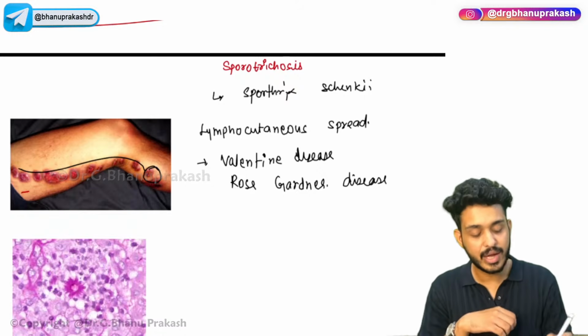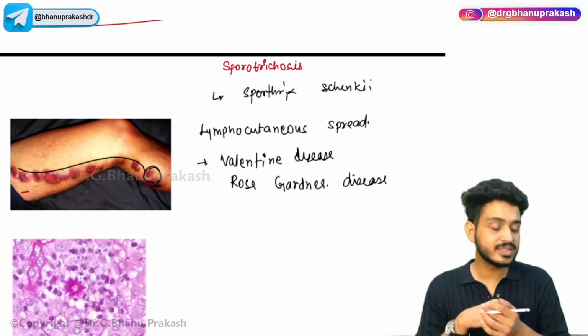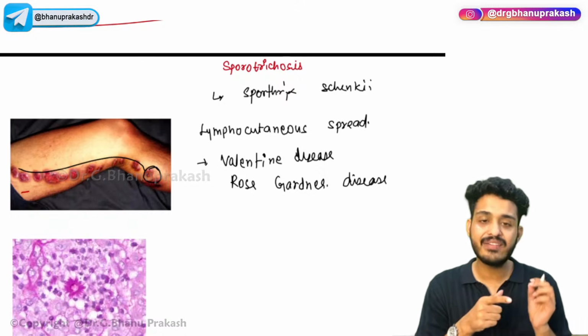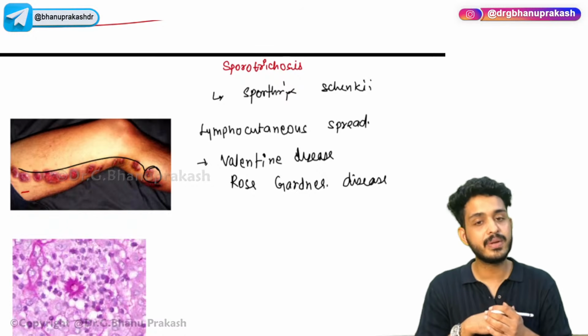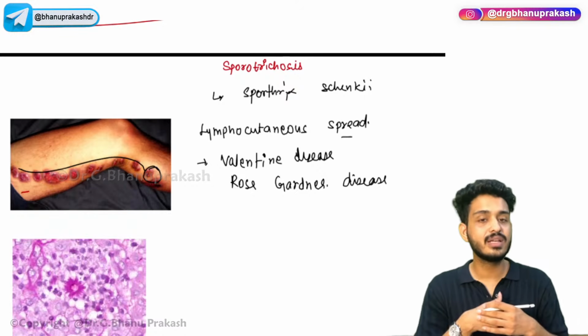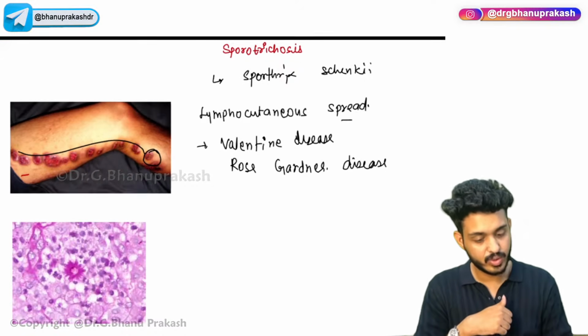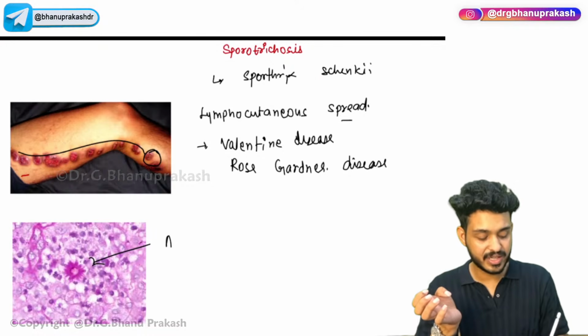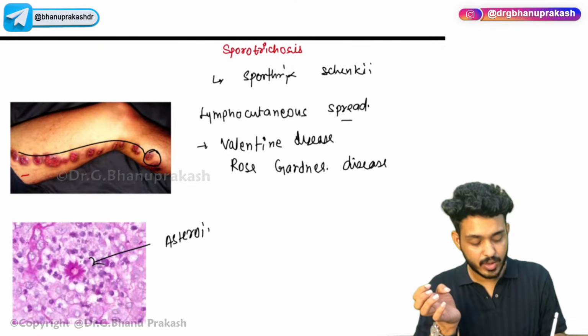Around Valentine's, you have to pluck a lot of roses. That is why it is known as Rose Gardener's or Valentine's disease. He will have a thorn prick, and because of that he will develop this type of lesion, known as sporotrichosis. In histopathological examination you will find these bodies, known as asteroid bodies.